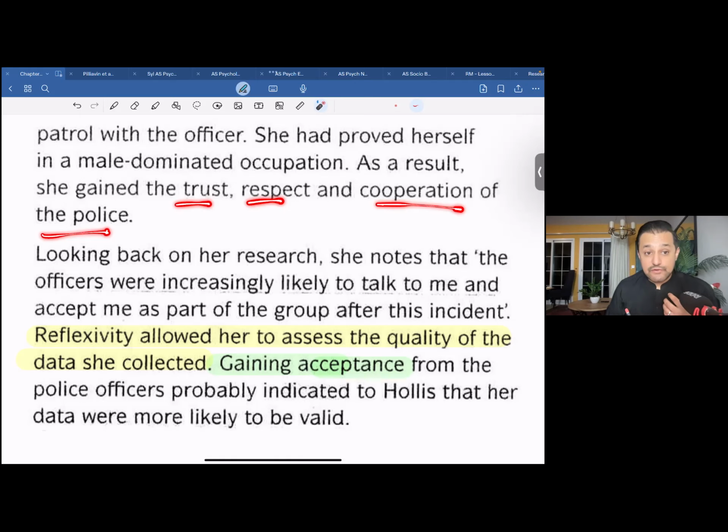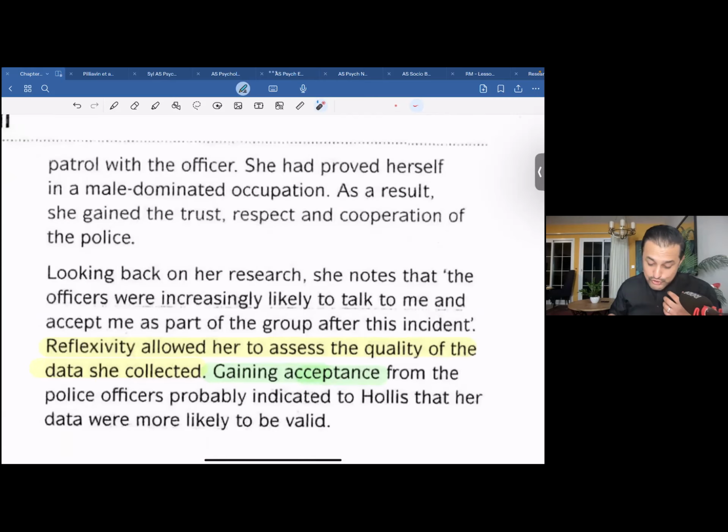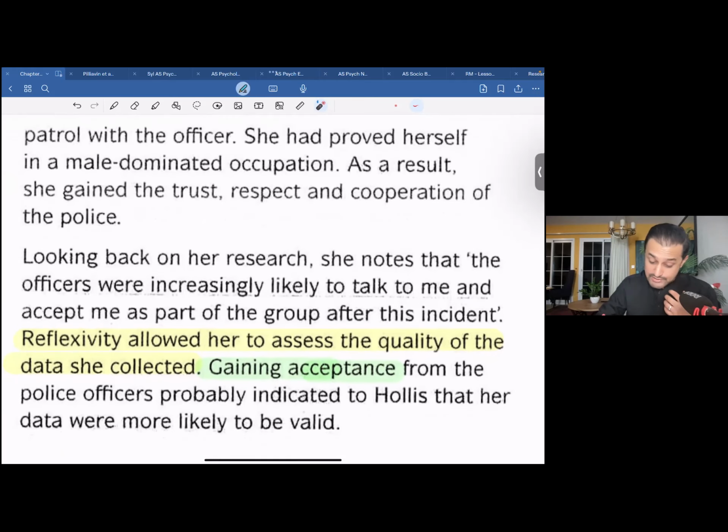Miss Hollis came up with this conclusion that she had proved herself in a male dominated occupation, which resulted in her gaining the trust, respect, and cooperation of the police. She came up with this conclusion only once she reflected back on how the research process was.